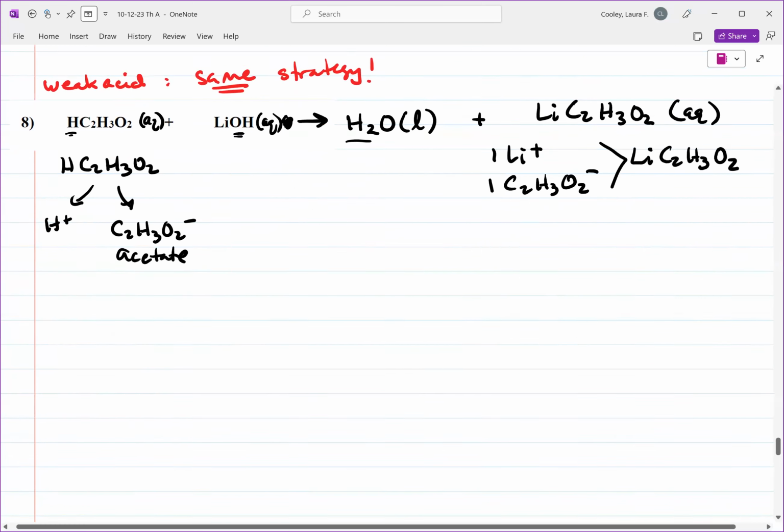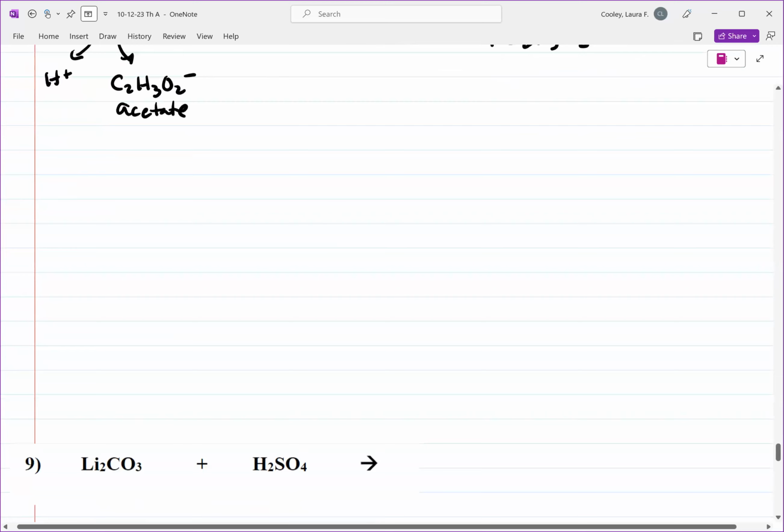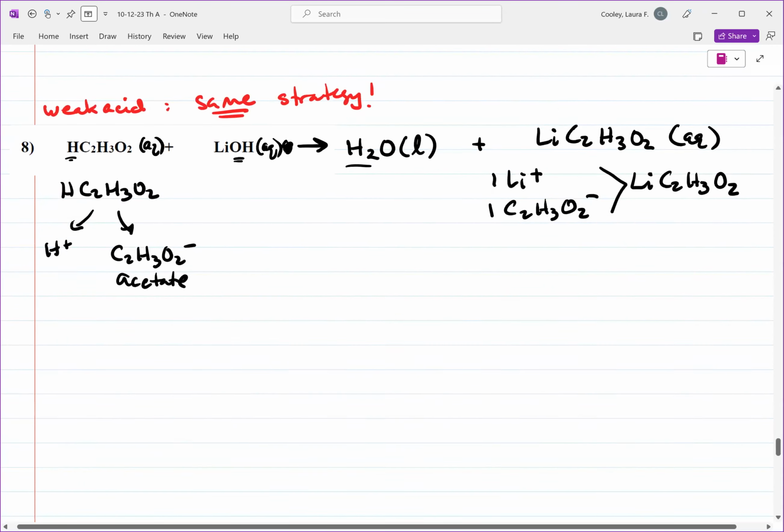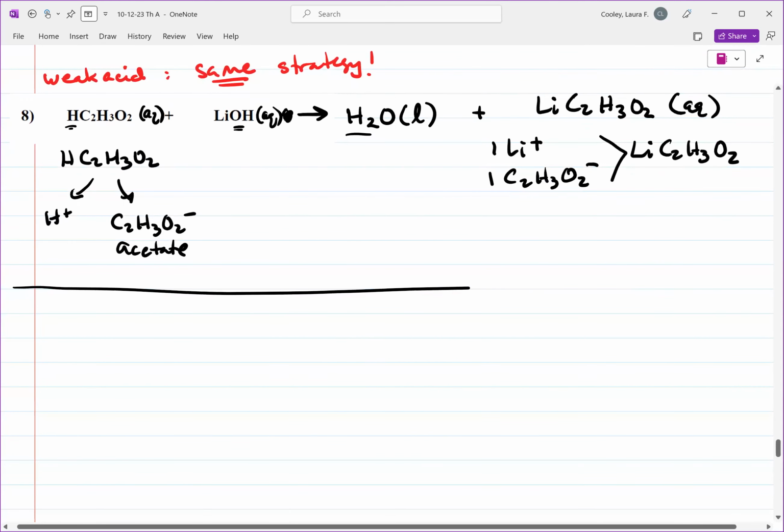Okay. All right. So now I'd like to tell you about another reaction of acids, actually a couple of different reactions. We have acid plus carbonates.